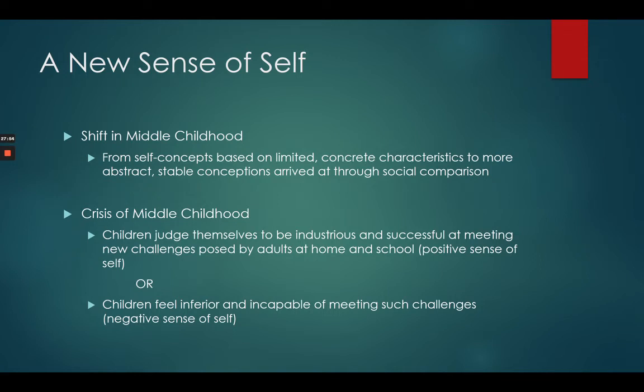So in middle childhood, we're seeing that shift. When kids are in early childhood, it's very limited and very concrete characteristics. So if you ask a kid, who are you? They'll say something like, I'm a boy. I like to wear Pokemon shirts.